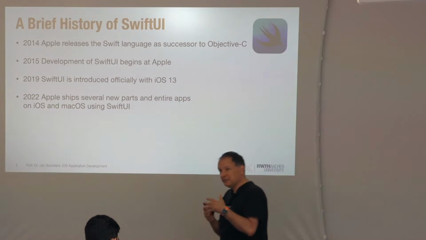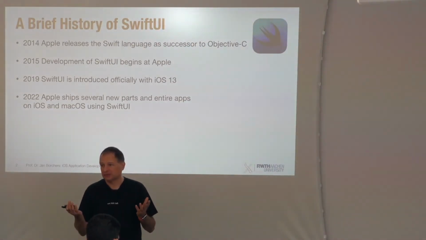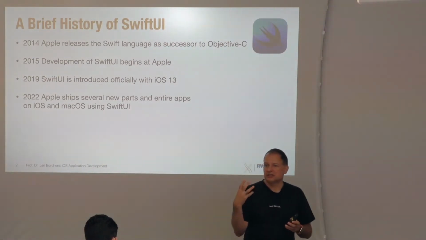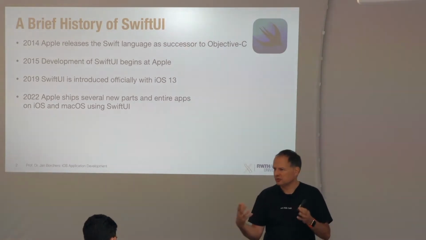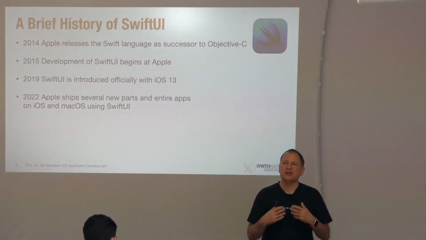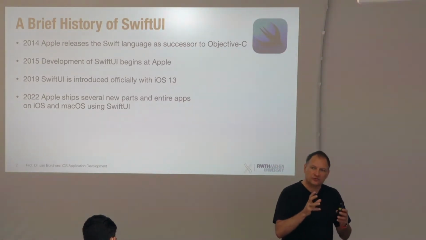But at that time, UIKit was still the only way to build mobile apps on iOS. And so Swift was, in part, designed by Apple and also the open source community. It's a shared project to be able to work well with UIKit. But that wasn't its core goal.